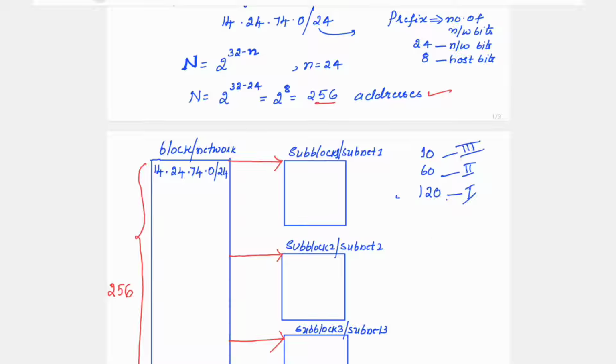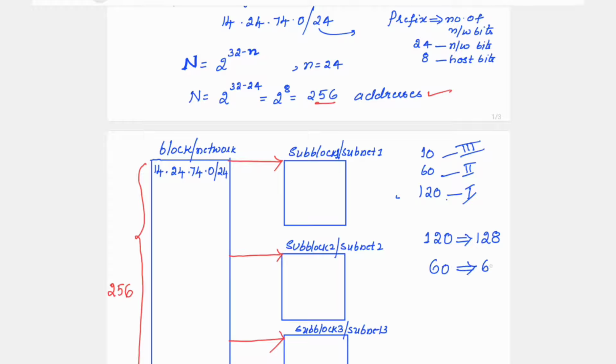Also, if a subnetwork is decided for 120, the number of IP addresses included in the network will always be in terms of powers of 2 only. Now 120 is not a power of 2, so you have to make it the next nearest number that is a power of 2. It will be 128. Then 60 is also not a power of 2.